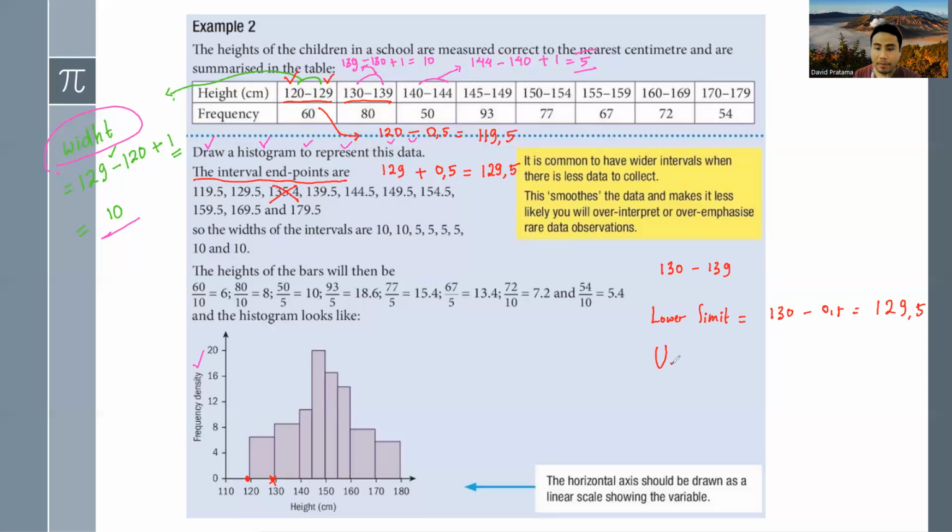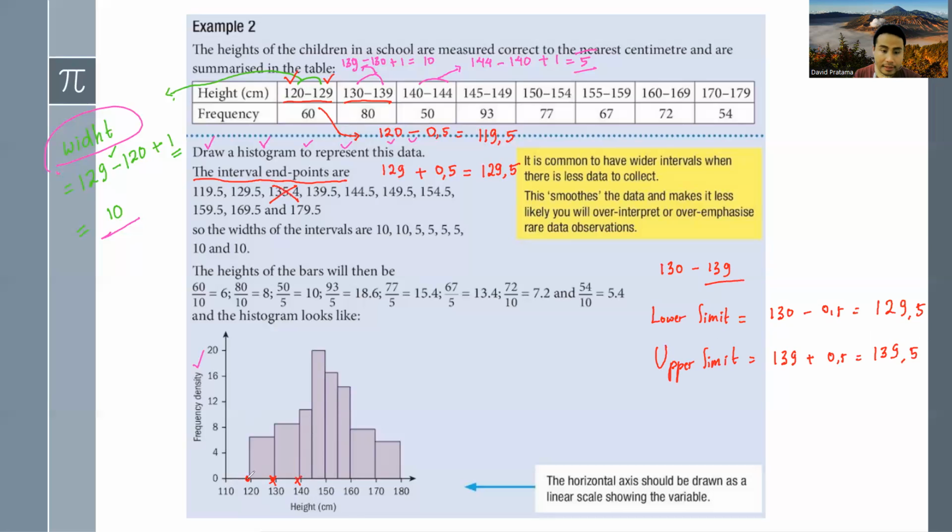How about the upper limit? The upper limit is easy. 139 plus 0.5 gives you 139.5. Put it here.